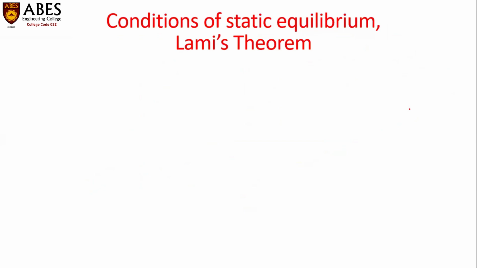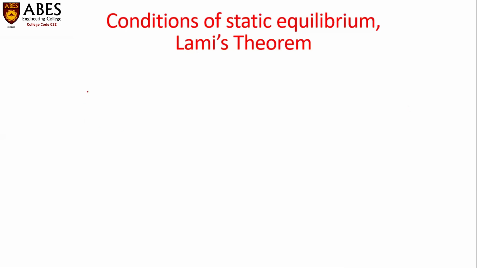Now, what are the conditions of static equilibrium? If a number of forces are acting on an object and the object is stationary, not moving at all, it means the net summation of all the forces must be equal to 0.